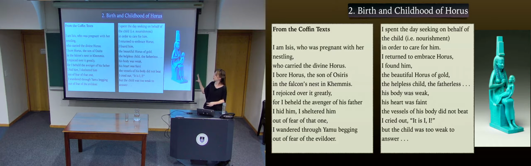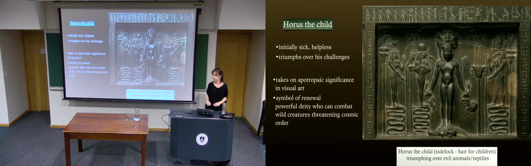And this becomes one of Isis's primary identities as this mother who is going to go to any odds to protect her son. But I wanted just to show you this briefly, just as an example that Horus as a child becomes his own kind of god himself. He's almost a separate deity from Horus the adult. And in the mythological stories, he's weak and vulnerable, but of course he overcomes the adversities.